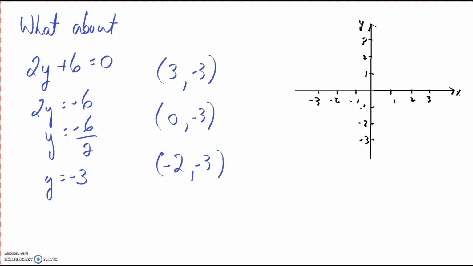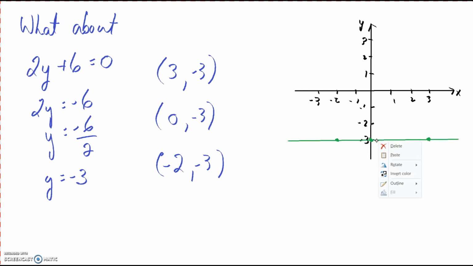Let's graph them and see what they look like. So, over 3, down 3; 0, negative 3; negative 2, negative 3. When we connect those to draw the line, it looks like this.